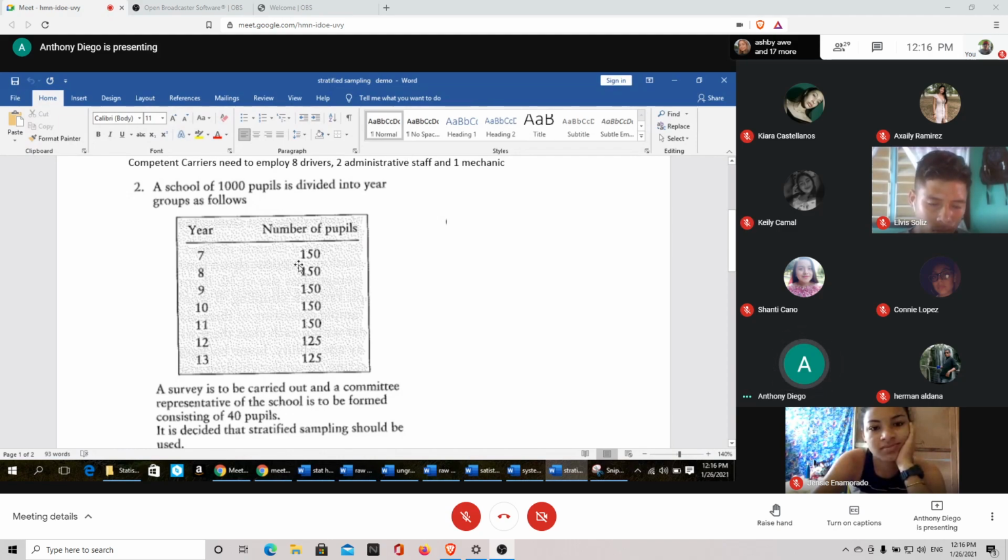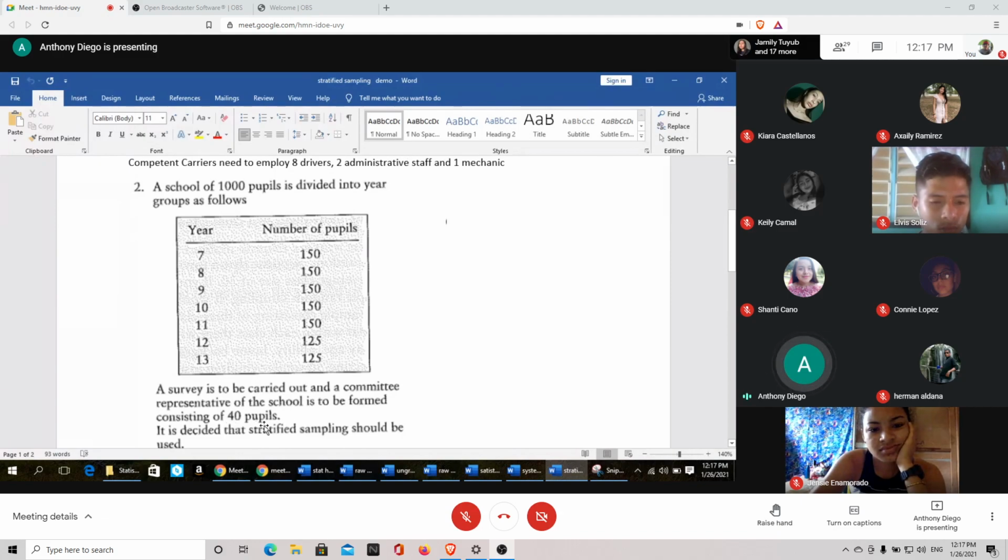However, if you notice, from year 7 to year 11, which is basically 5 years, they have the same number of people. So rather than doing this 5 times, and I won't be penalizing you if you do it 5 times, some people say, okay, year 7 equals 150 over 1,000 times the sample, which is 40 here, because it said a survey is to be carried out and a committee representative of the school is to be formed consisting of 40 people.